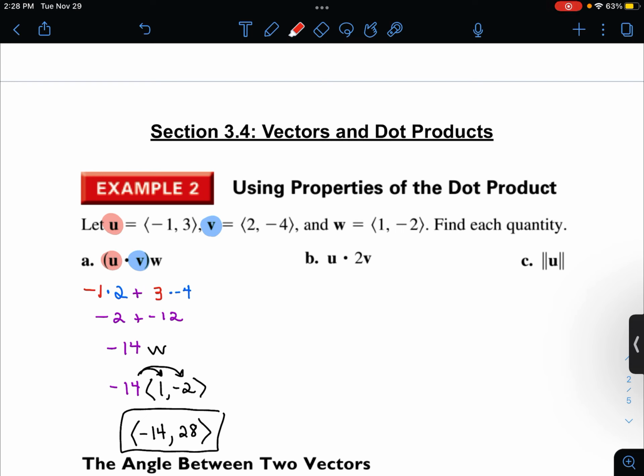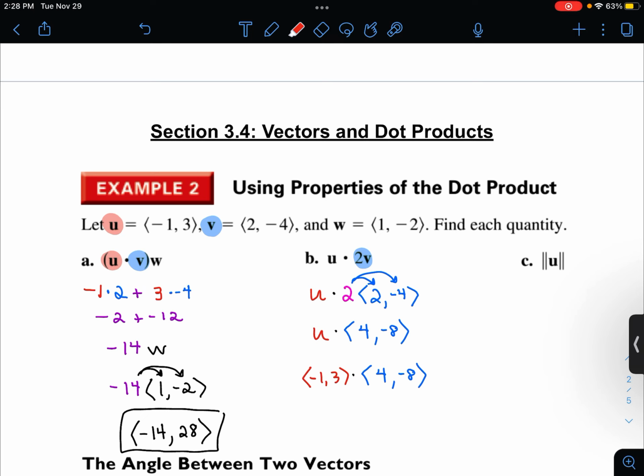Okay, going on to example B. This time we're taking a dot product between a vector and a scalar multiple of a vector. So I'm going to first figure out the scalar multiplication of 2 times v. Here I will just distribute the 2 through. Now 2 times the 2, and then 2 times the -4, we've got a new vector of 4, -8 that we're going to find the dot product with the red vector.